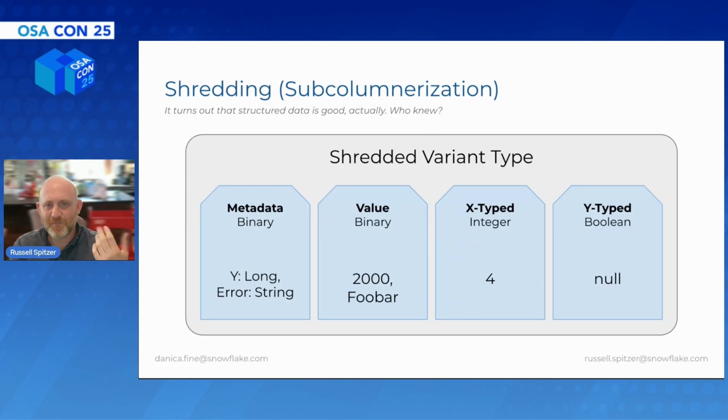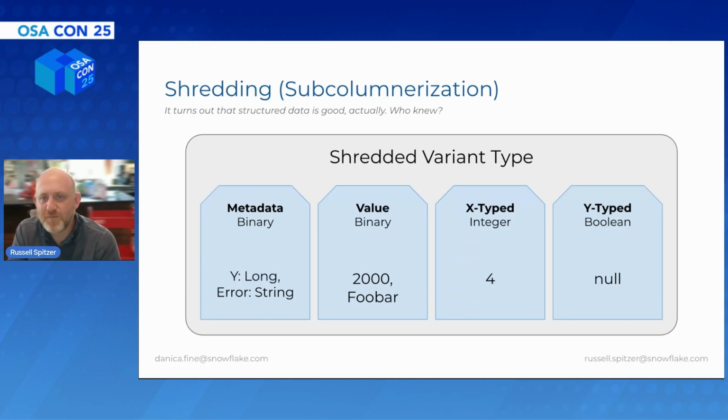You can imagine some versions add some humidity, some versions have an error that comes up in a different string type, all sorts of other things that can change. And within the shredded variant type, we store that metadata and value column as before, but we also allow for typed versions of some of the fields that happen very frequently within that data file.